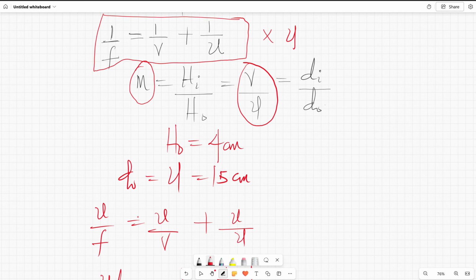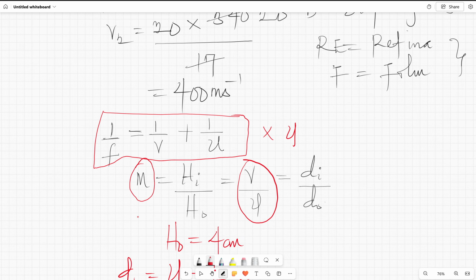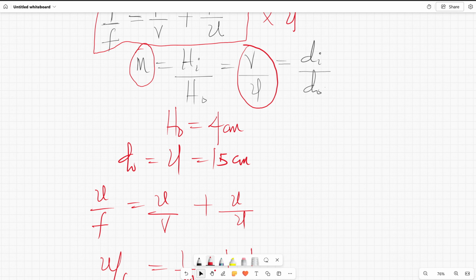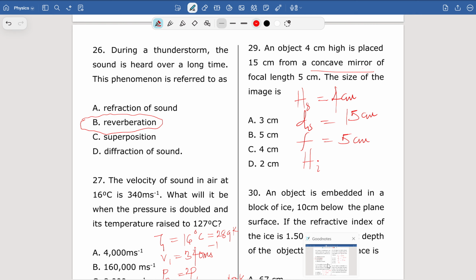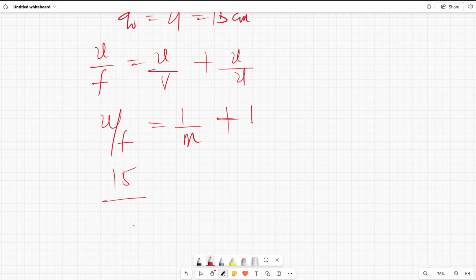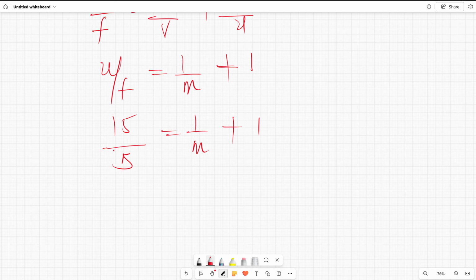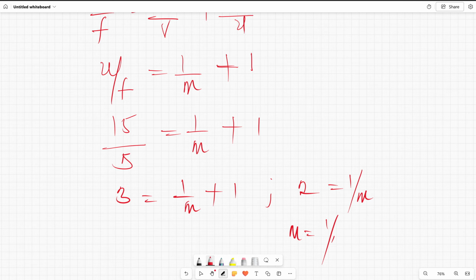F there, F is what again? F is 5. So 5 equals the inverse of magnification you have there plus 1. So this you have 15 divided by 5, you have 3 equals 1 over m plus 1. So this crosses to the other side, you have 2 equals 1 over m. From here, m equals 1 over 2, which equals 0.5.